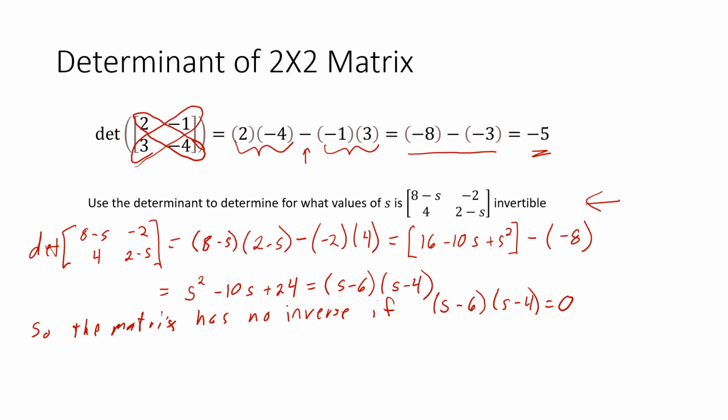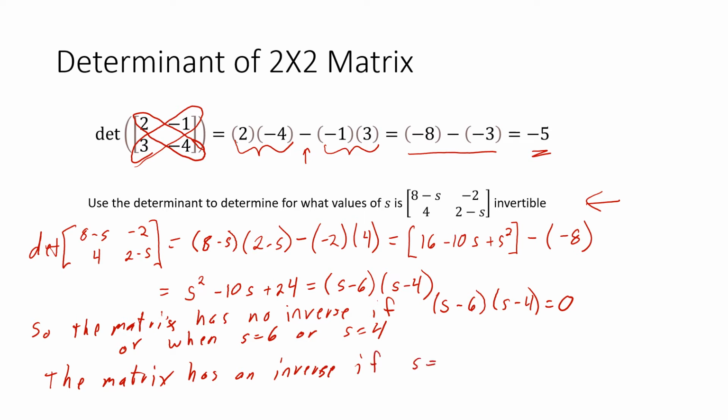So when does that happen? When S equals 6 or S equals 4. In either of those cases, the determinant is 0. So in either of those cases, there's no inverse. Then we can say that the matrix has an inverse in all other cases.